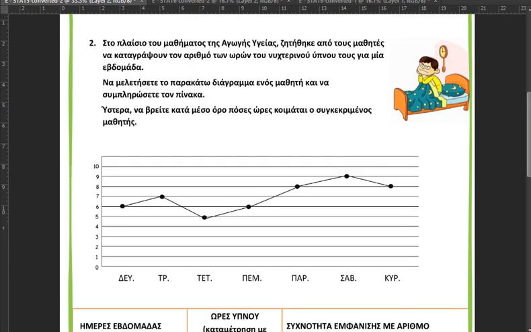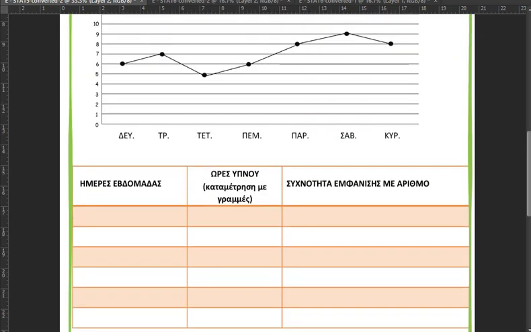So at the end, we're going to have to find the average for all of that. So let's look at that again.